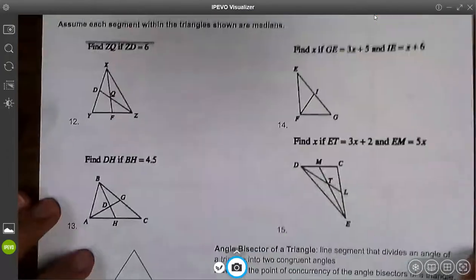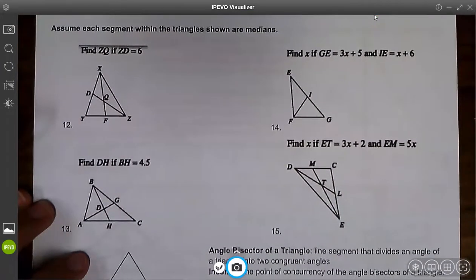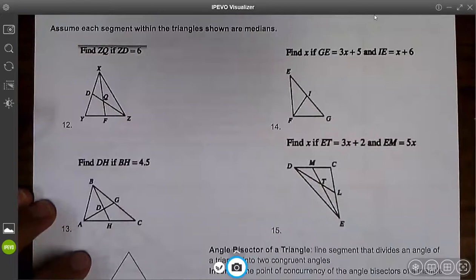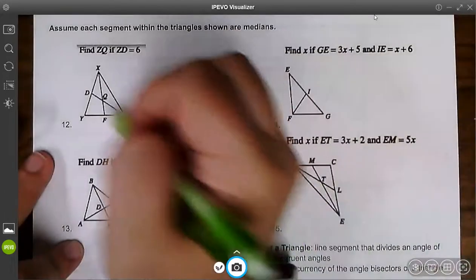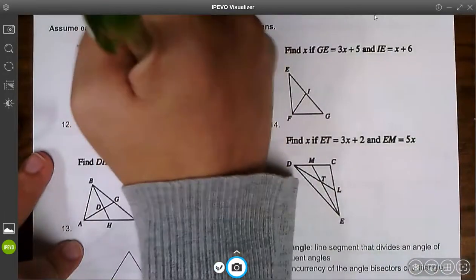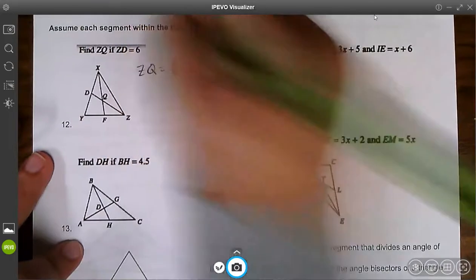We're going to do some algebraic expressions here. Find each segment, or assume each segment within the triangle shown are medians. So these are all medians. Find ZQ if ZD is 6. So if ZD is 6, ZQ is going to be 2/3 because it's the bigger portion of ZD.